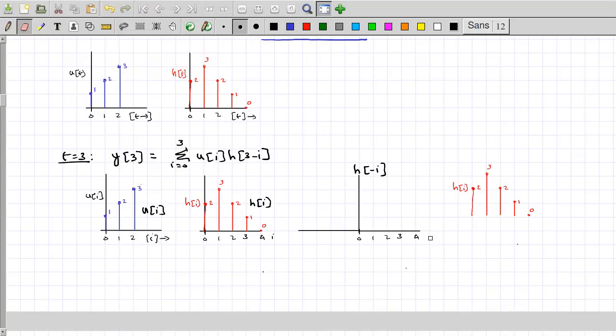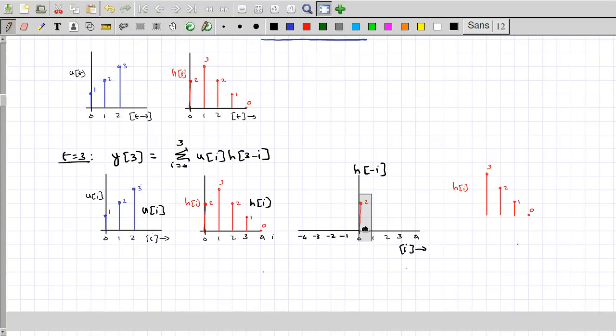So this is going to be i now, again, but I'm going to be plotting h of minus i. So minus 1, minus 2, minus 3, minus 4, like this. If I take i to be 0, then minus i is also 0, and h of 0 was this, so I can just pull this over and put it right over here.